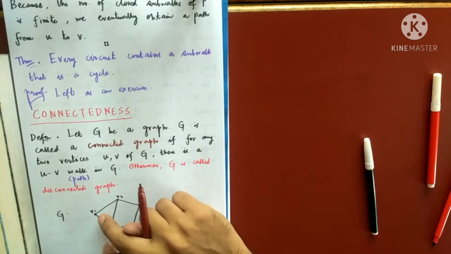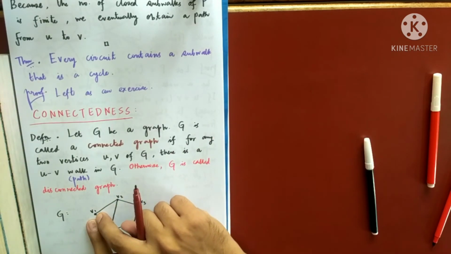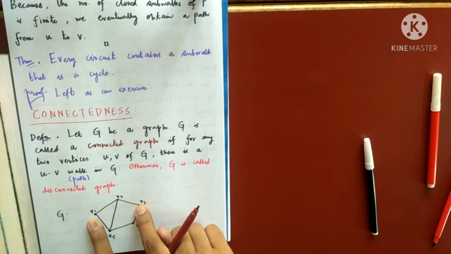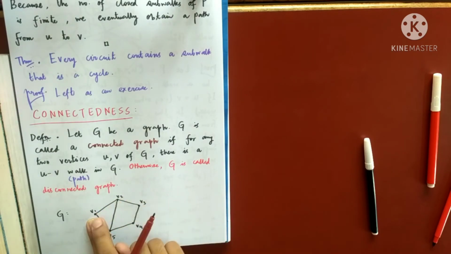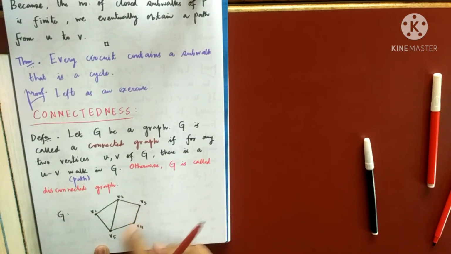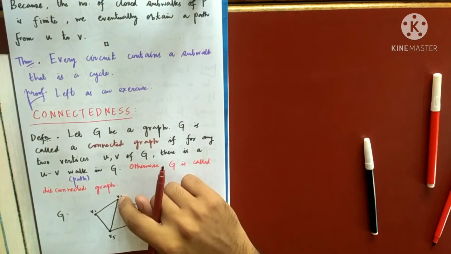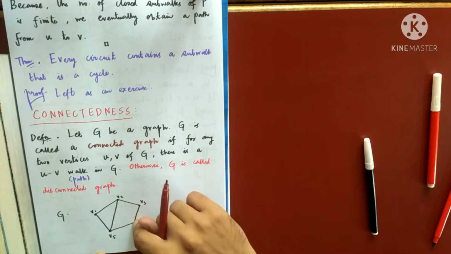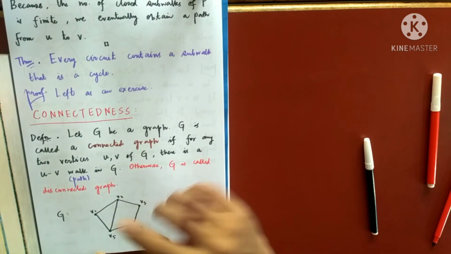That is very trivial. Let's see whether I have a path from V1 to V2. Yes, I have. V1 to V3, yes, I have. V1 to V4, I have many. I can go from here or from here. Or V1 to V5 I have here. I have a path from V1 to every other vertex. Let's check for V2 also. I have a path to V1, V3, V4, V5 and so on.